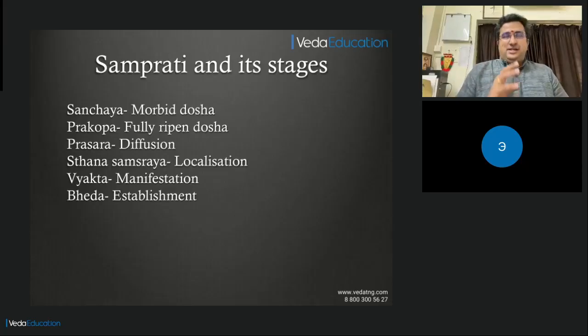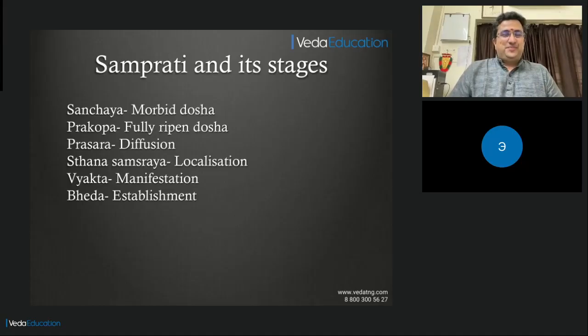In this Samprapti framework, generally we speak about 6 stages of disease, starting from Sanchaya to the last stage of Bheda. Sanchaya is the morbid state of dosha. That means the dosha started growing or increasing in its own site, slowly getting disturbed by some internal or external factors.